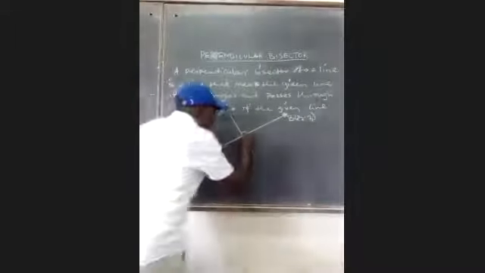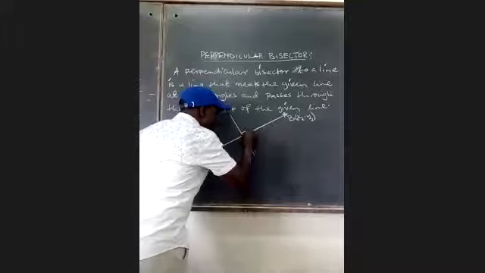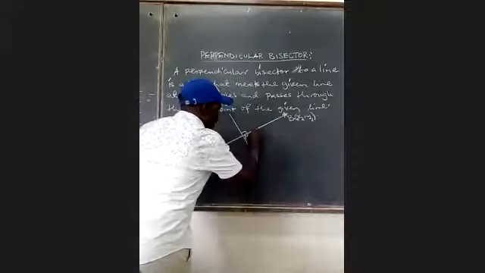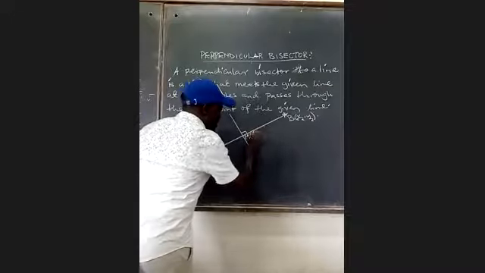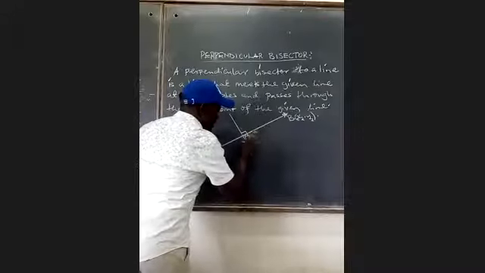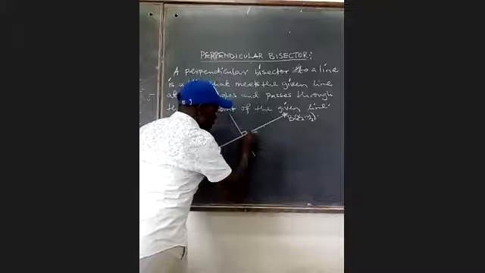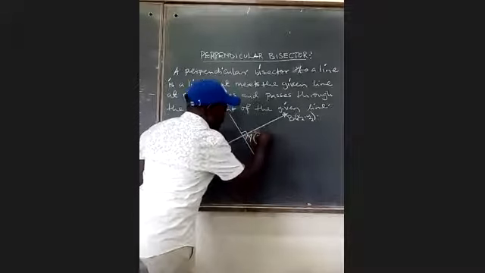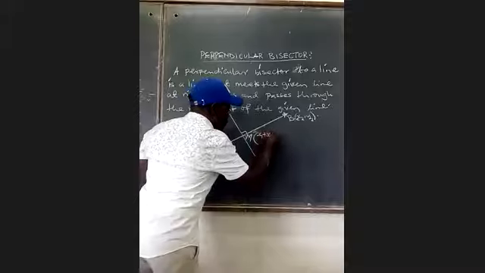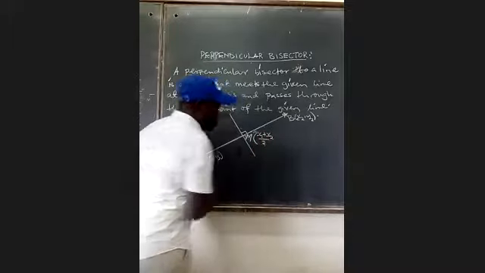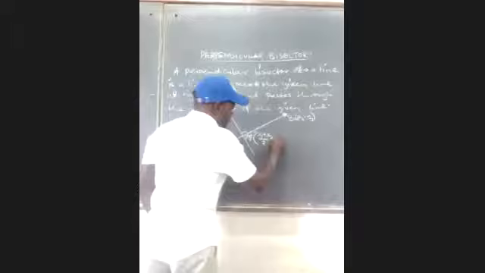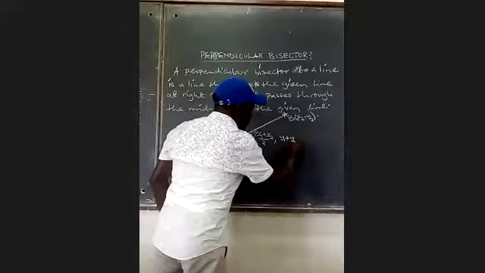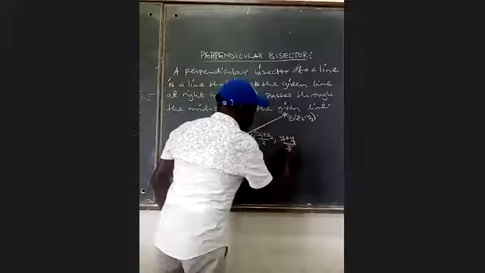And at the same time, it is going through the midpoint, M, which is (x1 plus x2) divided by 2. You remember how we got the midpoint last time? Then (y1 plus y2) over 2.